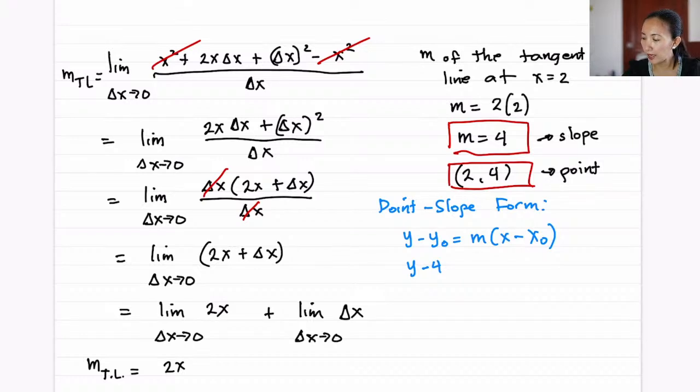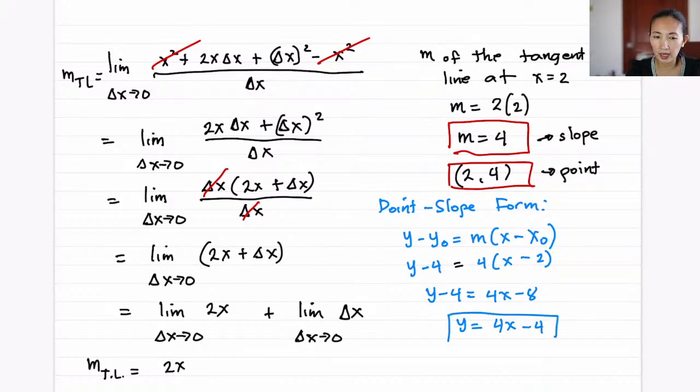So y minus 4 equal to the slope, which is 4, times x minus 2. Simplifying it further, y minus 4 equal to 4x minus 8. So y is equal to 4x minus 4. So this is now the final answer.